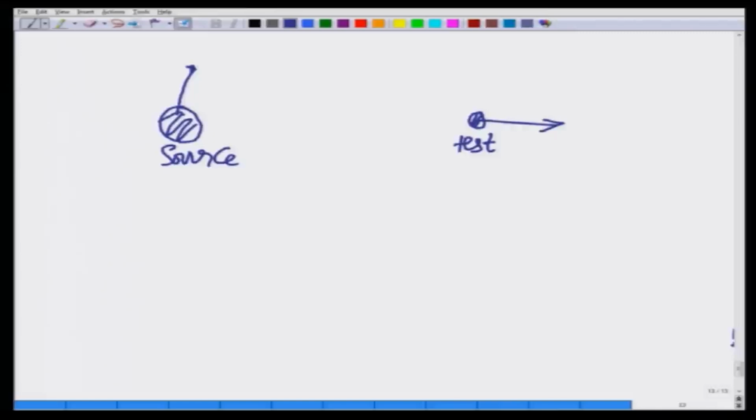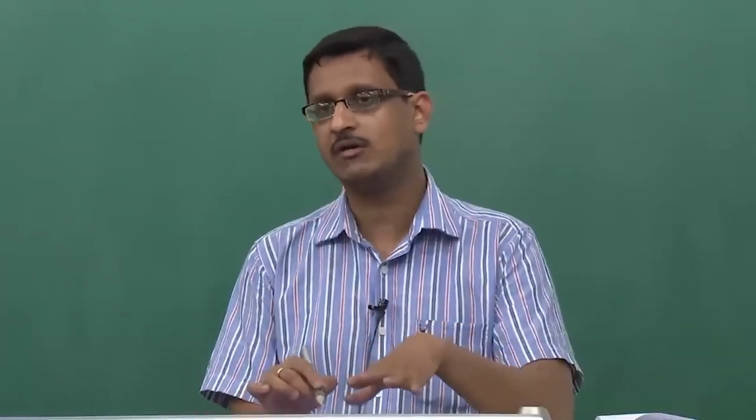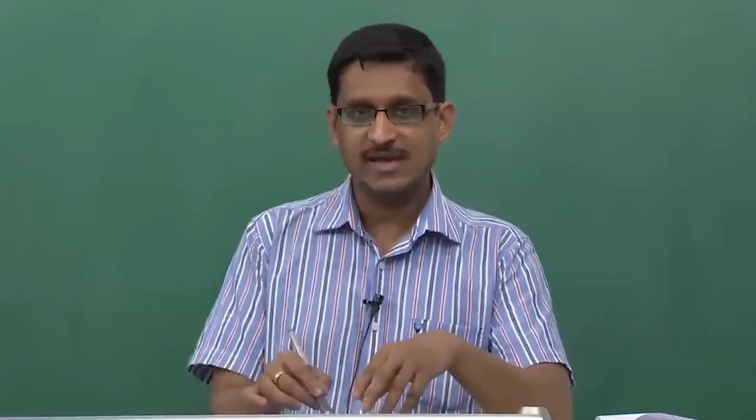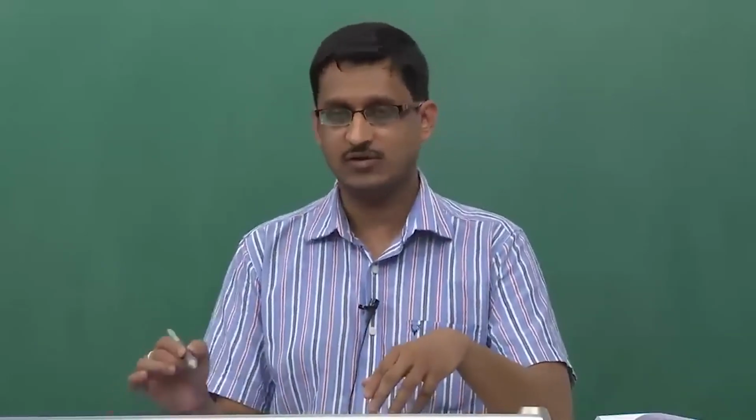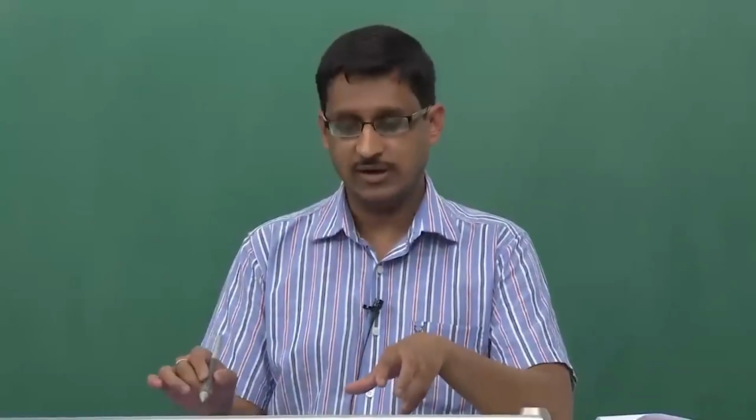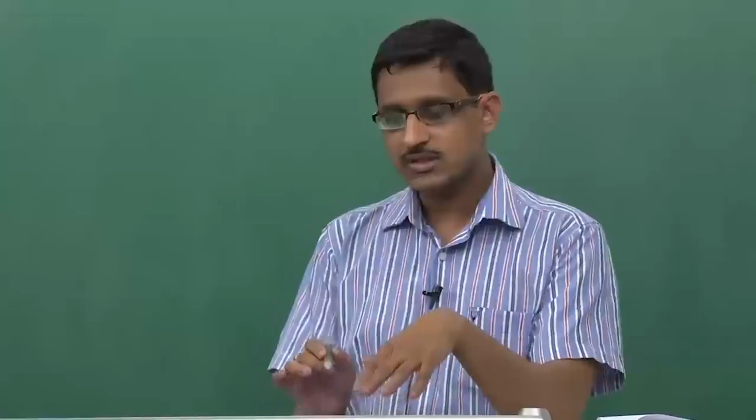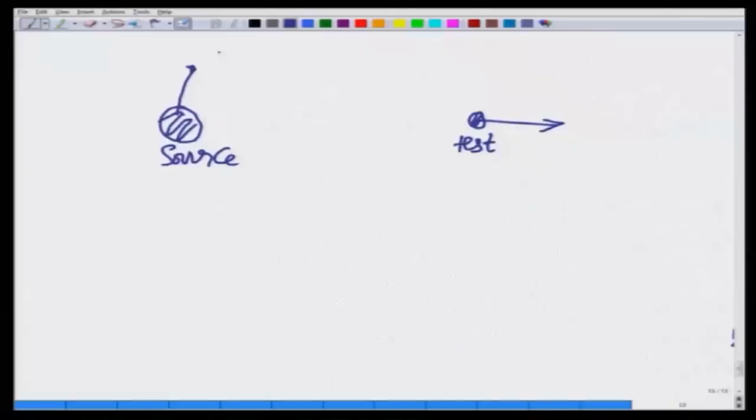This is a qualitative discussion only. The actual mechanics of the force that gets transferred is slightly different, and we do not want to get into that complexity at this point in the course. So, just imagine that the source has moved. Let us say at time 9 AM this particular source charge has moved from one location to another location.